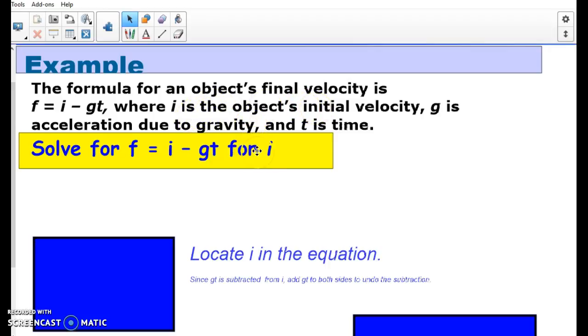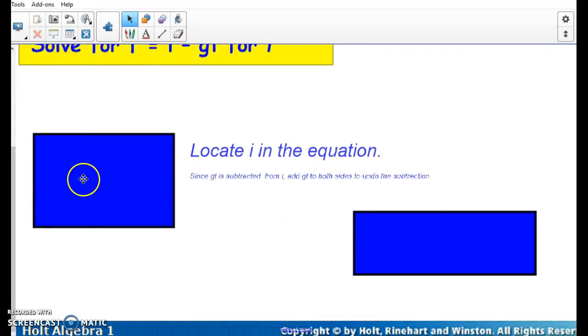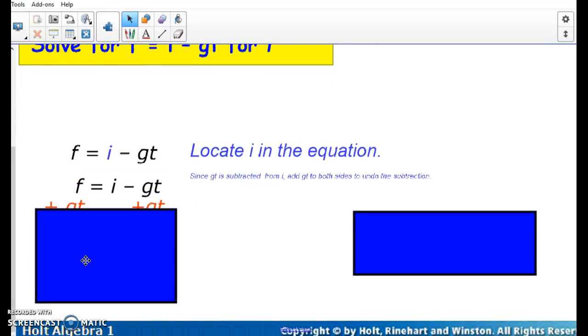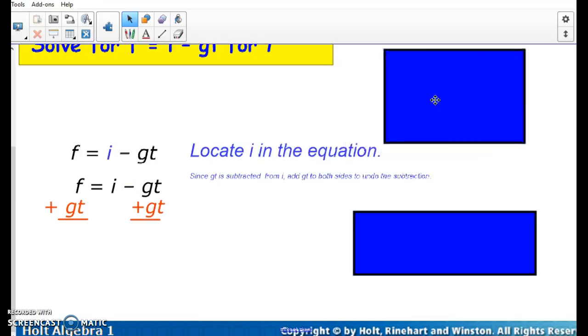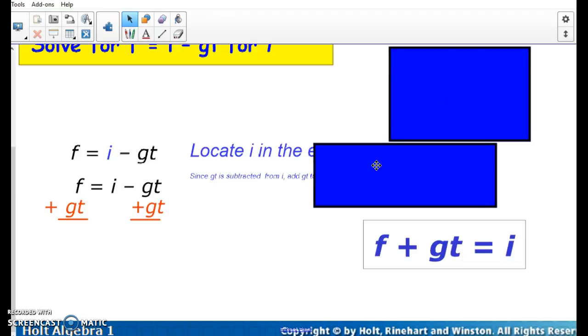It wants us to solve this for I. It says I minus GT, so I'm going to add GT to both sides. So F plus GT, they're not common denominators, I can't do anything with it.